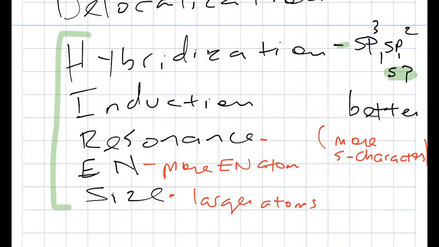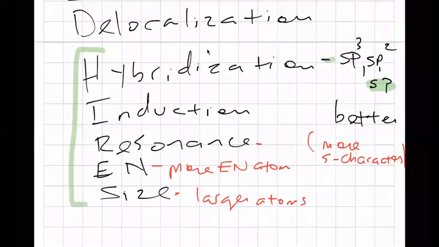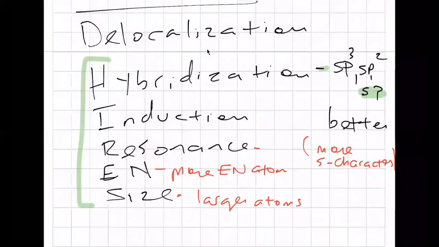So if I'm looking at the conjugate base, I'm looking at the atom where the charge is. I want to know if that atom can do resonance, how electronegative it is, what the hybridization state is, and what the size is when I'm comparing acids. And with induction, you have some functional group close by that's electronegative. I'm going to summarize that because I don't have a lot of room to write.